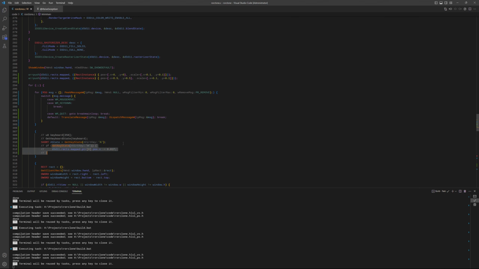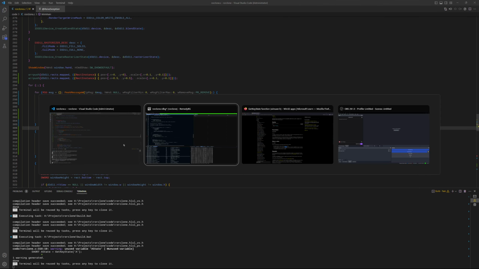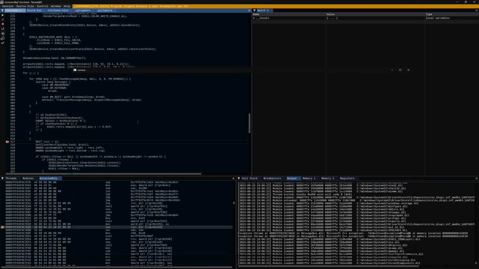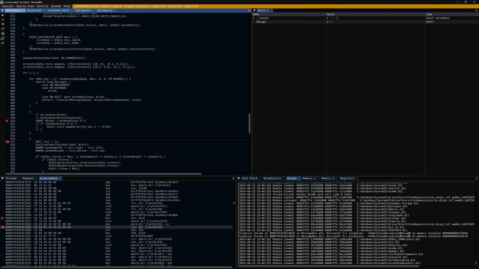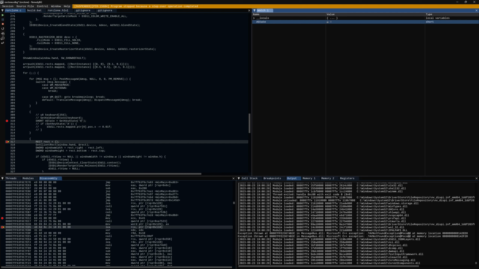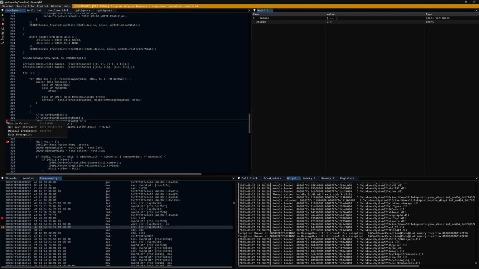Well, I'm going to add... Zero. Well, it's 0 now, to be sure. Interesting how you can't really set a breakpoint in.